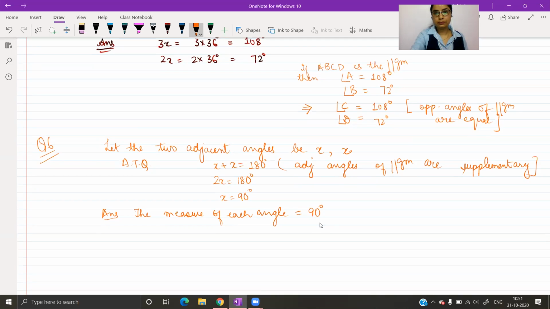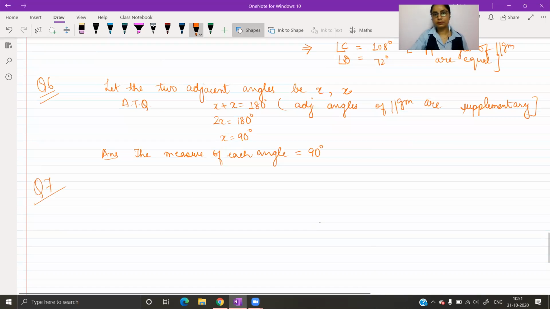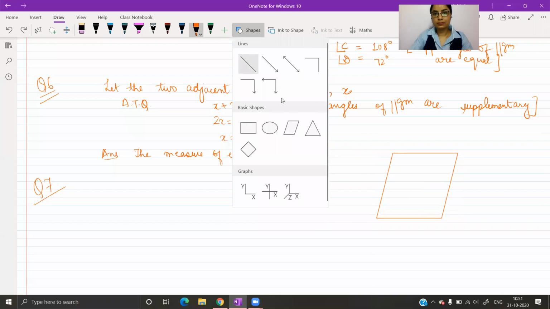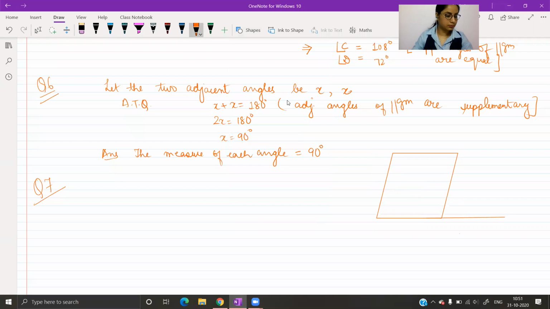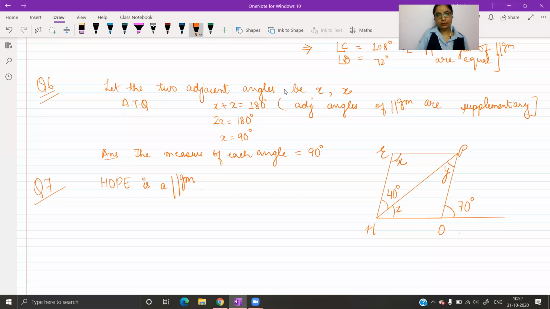Draw the figure for question number 7. This is what's given.